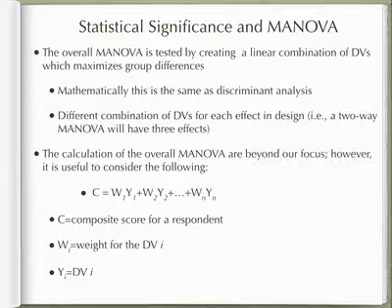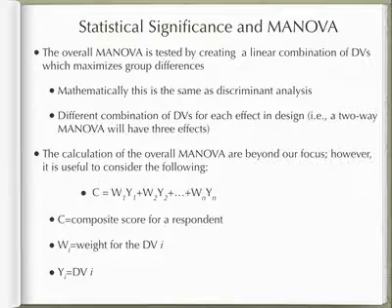And so, as I indicated last Monday, the overall omnibus effects are assessed first, and that's done by creating this linear combination.